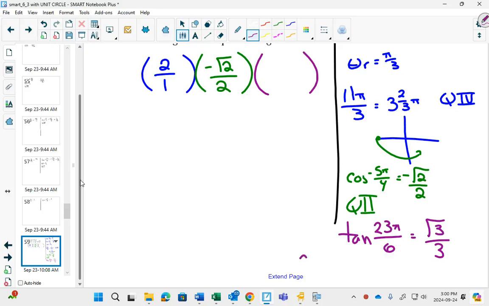And 23 pi over 6 is 3 and 5/6 pi. It's quadrant 4, so it's going to be negative. So I fill this in as negative root 3 over 3.